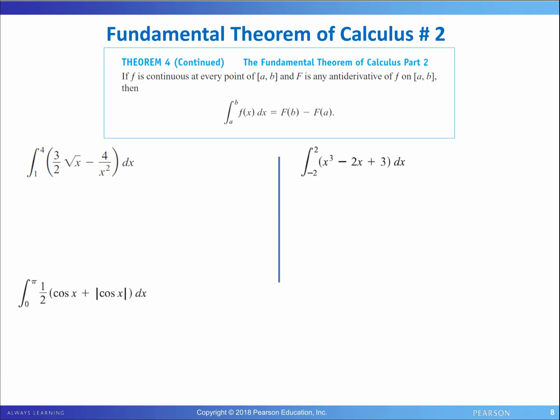The fundamental theorem of calculus number 2 is the extension of number 1, which we studied in the last slide. So let's bring that back here. We had big F of x prime, which is the derivative of the antiderivative, equal to d by dx, differentiation of this integral that starts at a constant a and ends at a variable x, of this function f of t, where t is a dummy variable, with respect to t, dt.